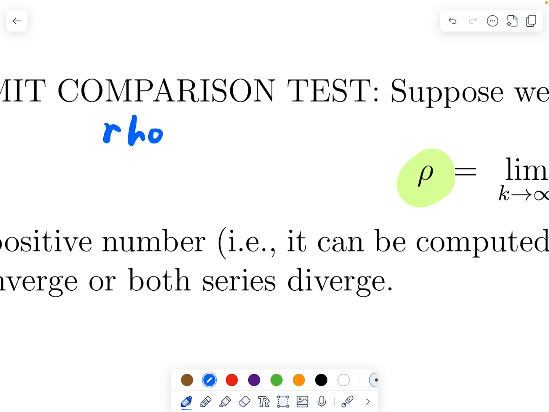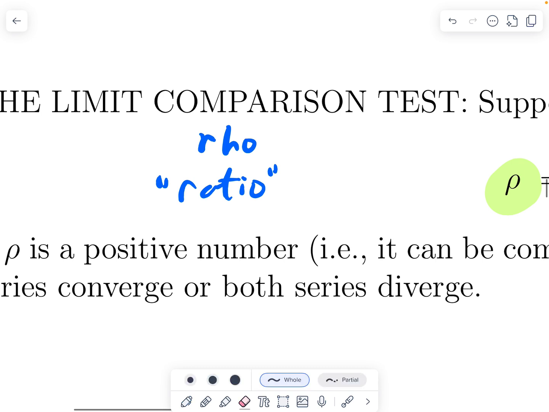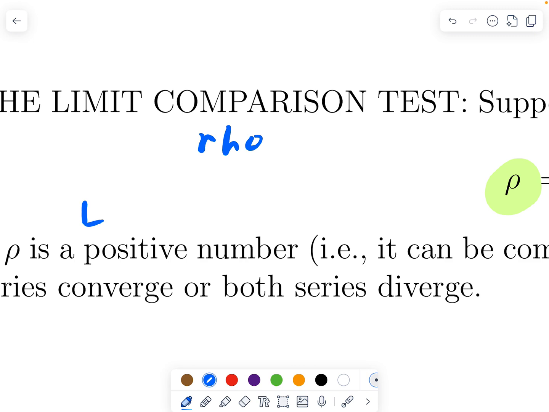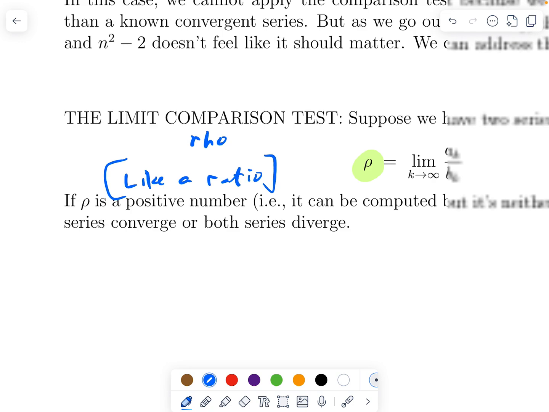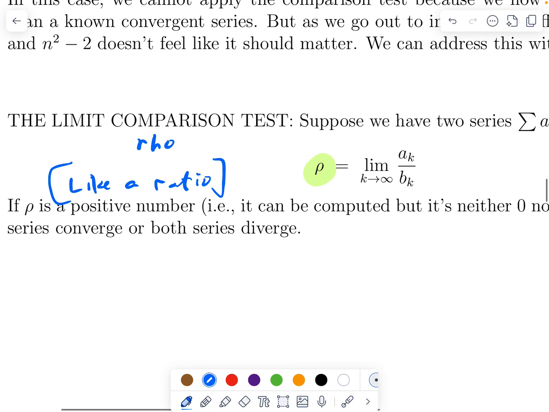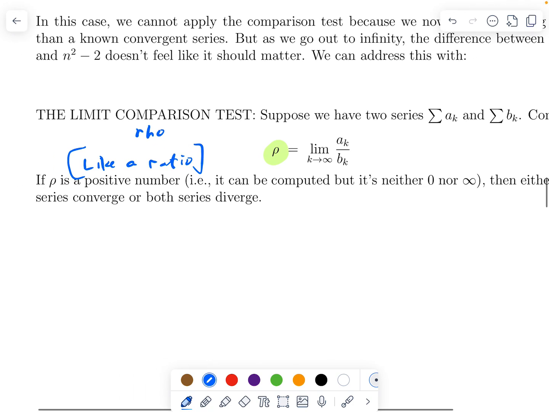And the idea is it reminds us of r. This is sort of like a ratio, but not literally a ratio. We're not saying it's always the same ratio. It's the limit of the ratios. We'll see a few other examples where we call something that is like a ratio, but maybe not literally r, rho. So rho will be in the limit, what is the ratio between these two series, between the individual terms.